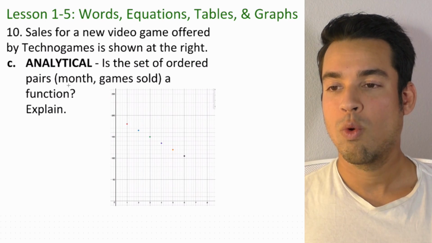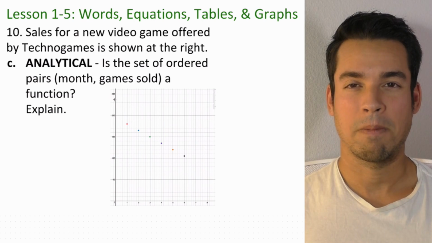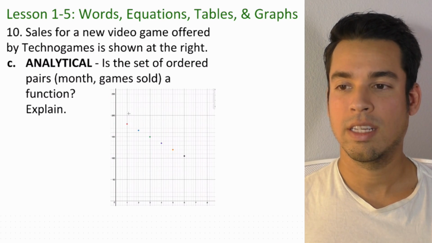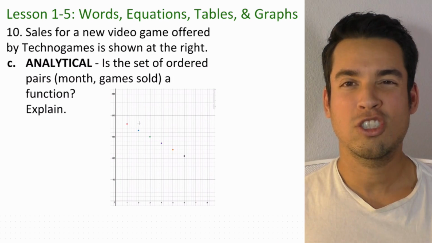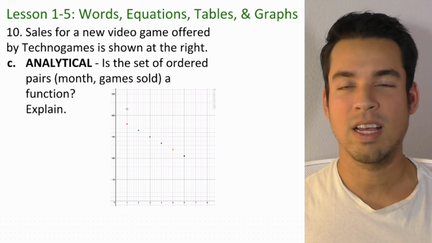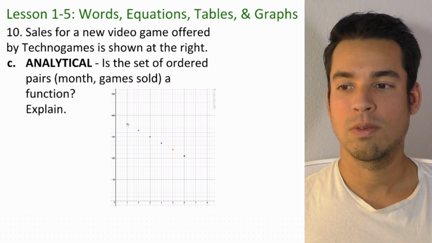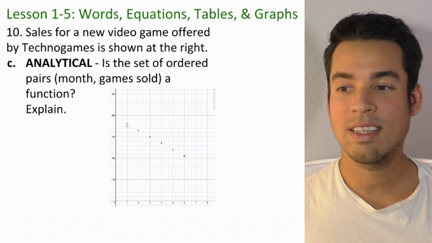Is the set of ordered pairs, month and games sold, a function? Okay, so the definition of a function is essentially, hopefully you've learned the vertical line test, but basically for every x value, there has to be a unique y value.